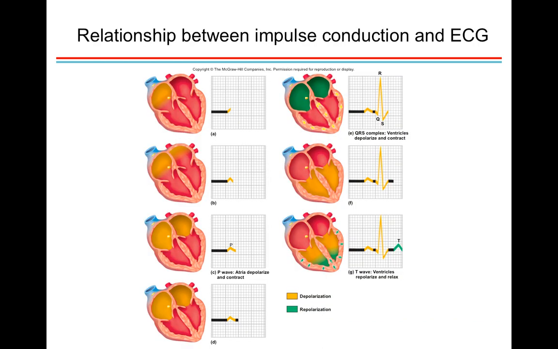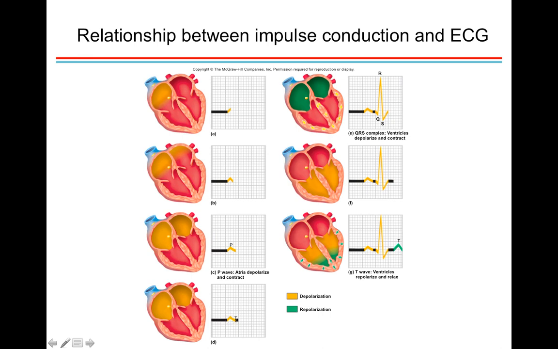So I just want to show a little bit more about this. So here we have the P wave, right? That is the atrial depolarization. And then atrial contraction happening here.